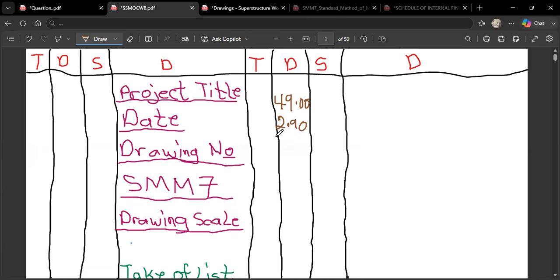From here we can just multiply and then we are going to get 142.10.